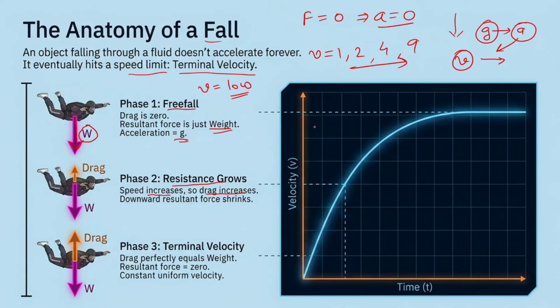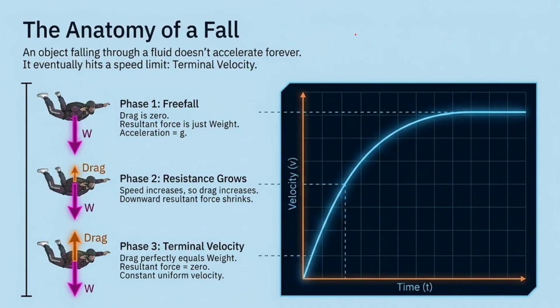One more thing: drag acts on this person in the upward direction, but the weight due to the earth acts in this direction. The directions of these two forces are different. That's why we can say that at some point drag and weight are going to be the same. At that moment the net force is zero.